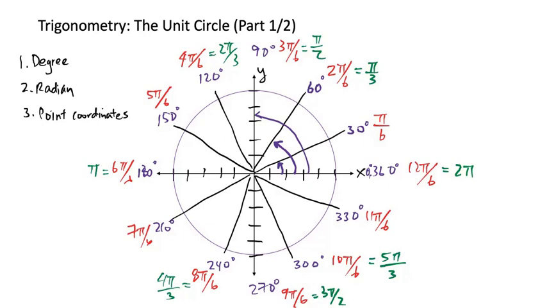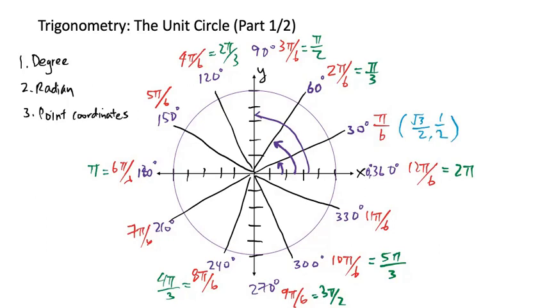All right. And the point coordinates. So earlier in my previous videos, I showed you guys how to derive the 30 degrees. So I'll just write it here. The point would be, or instead of writing P, that's too much work, just bracket root 3 over 2, 1 over 2.